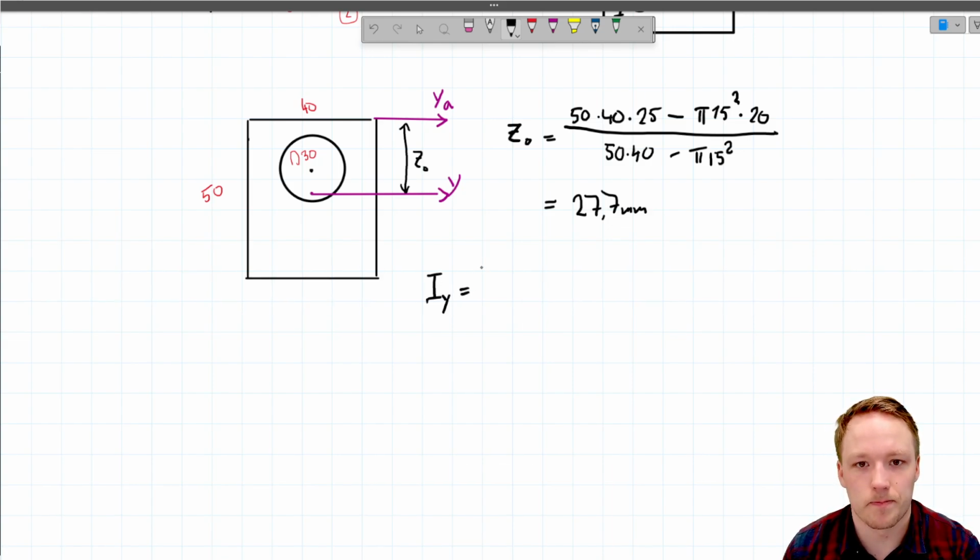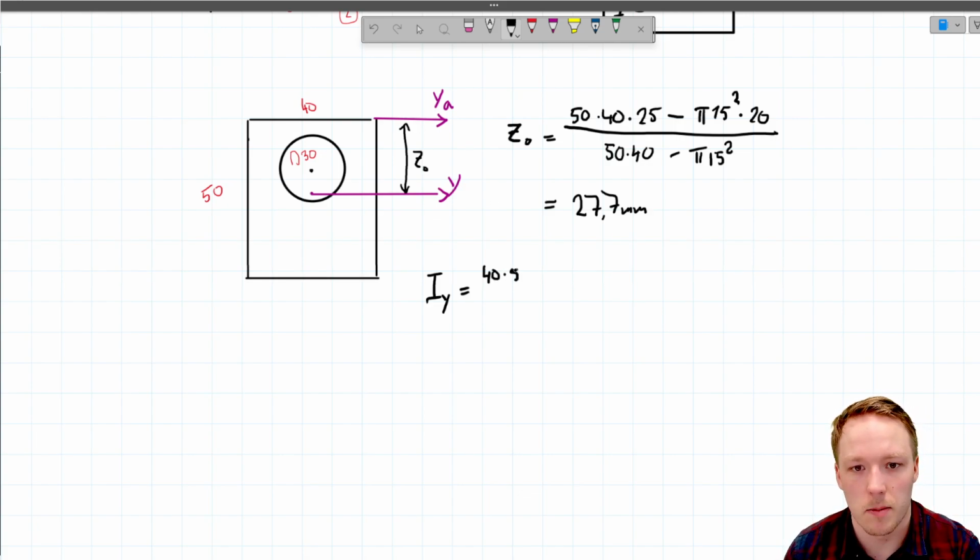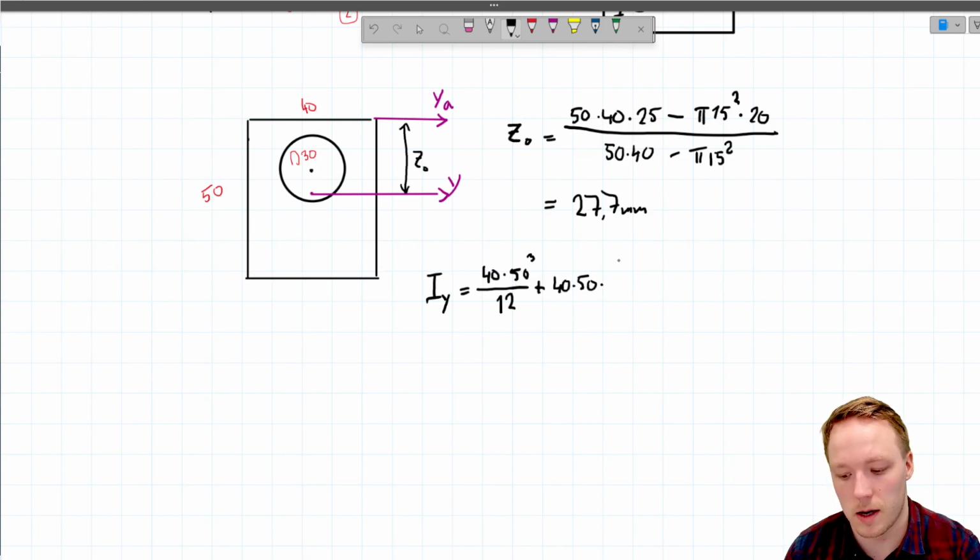And that is the second moment of inertia of the entire rectangle, which is 40 millimeters by 50 millimeters to the power of 3 divided by 12, and add here the Steiner term, which is plus area 40 times 50 times the distance from the neutral axis of the rectangle to the neutral axis of the entire profile, which is 2.3 to the power of 2.